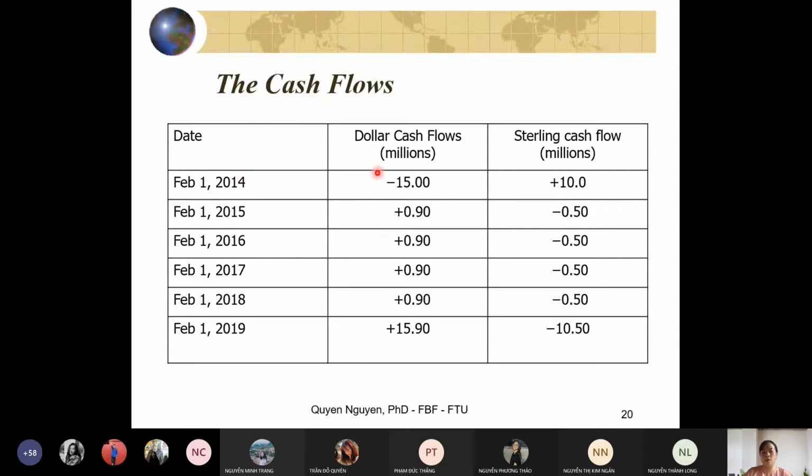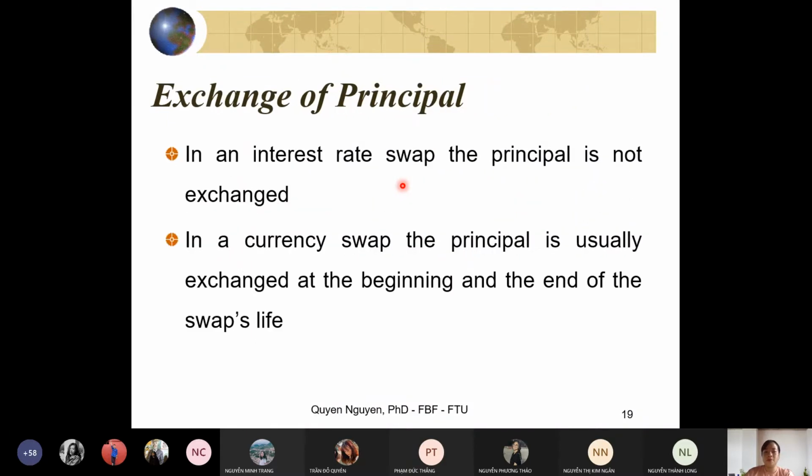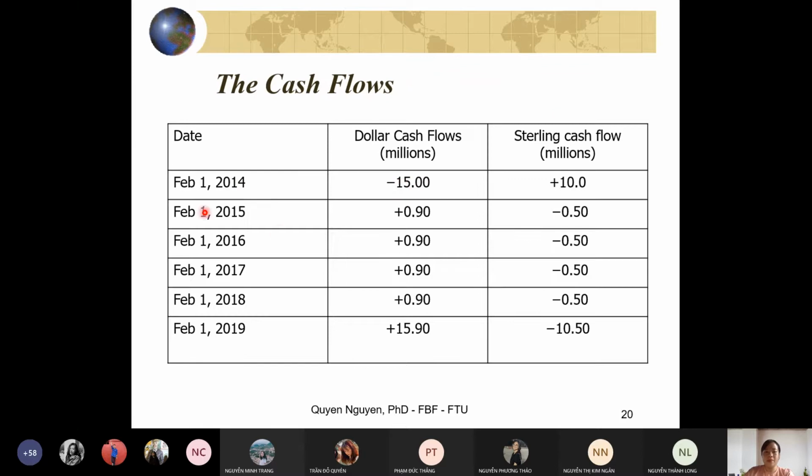This is the example of the cash flow exchange. Based on what we have already seen in the example over here, this is the agreement to pay 5% on sterling principal of 10 million and receive 6% on the principal of 15. So basically, if it is every year for 5 years, then we would have to pay out.